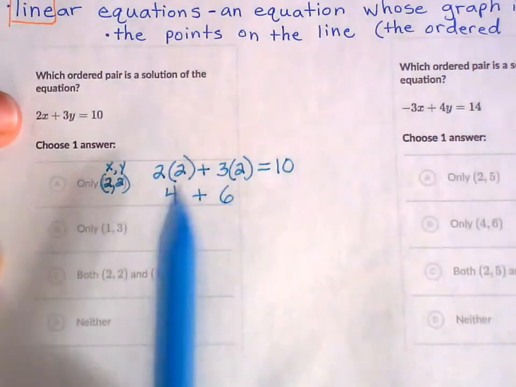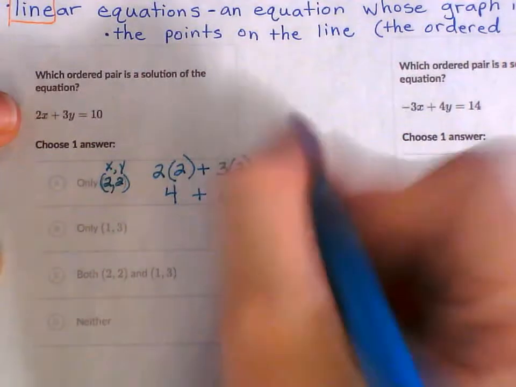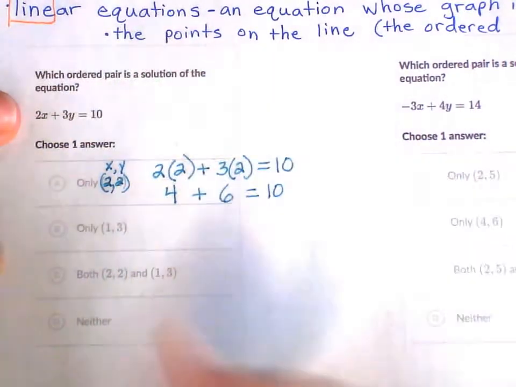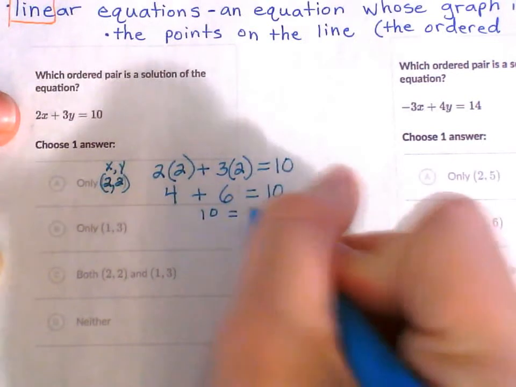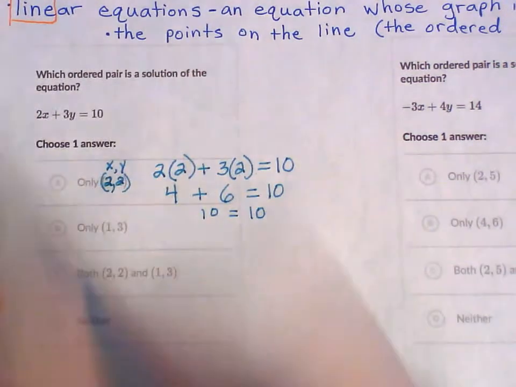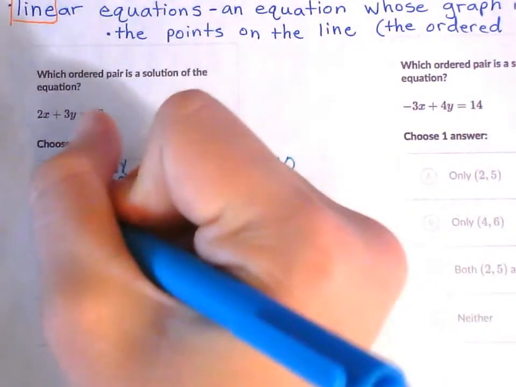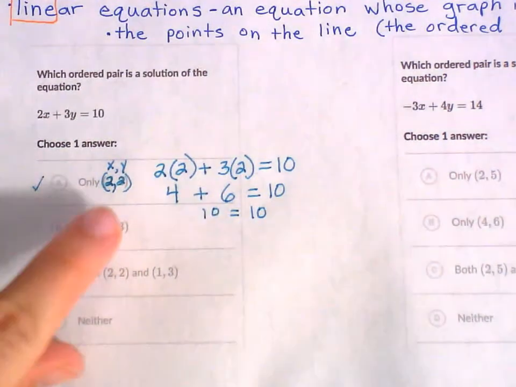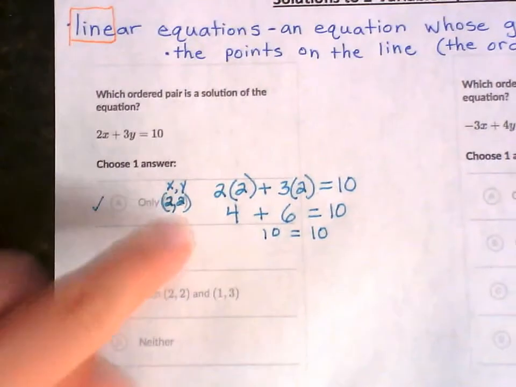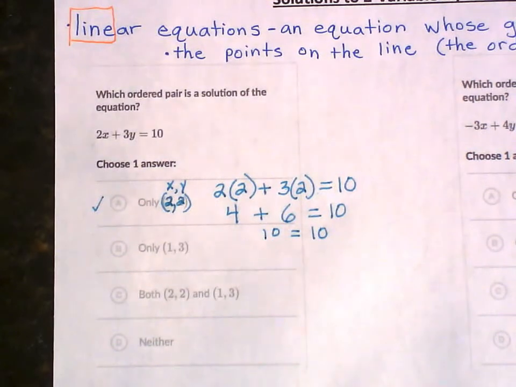Remember order of operations, we multiply before we add. 4 plus 6 is 10. So yes, 10 equals 10. So 2, 2 is correct. That ordered pair is on the line, so that is a solution to the equation.